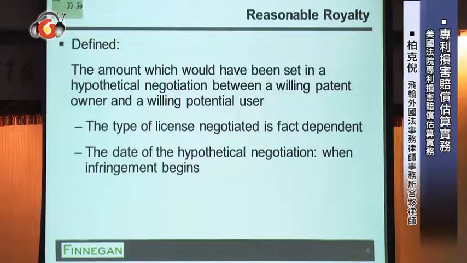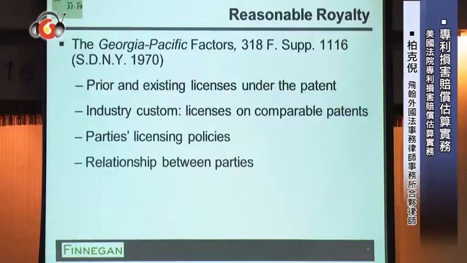And what would happen if the patent owner and the accused infringer sat down at a table and negotiated an arm's-length contract for the license back before the infringement began? It requires a lot of imagination, and there are a lot of different ways that you can approach the analysis, and I'm going to be discussing some of them later today.